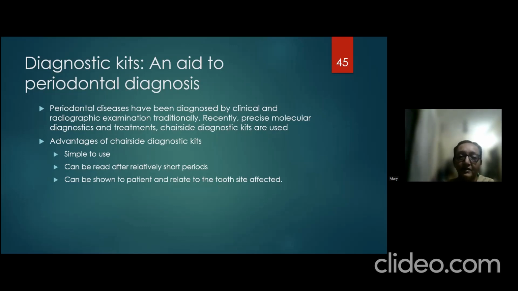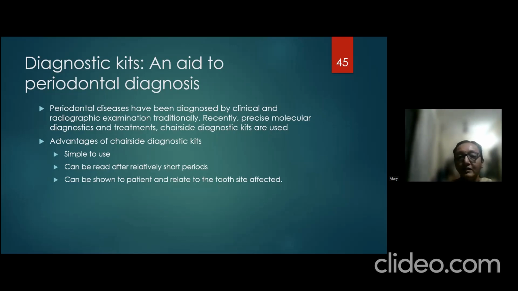The main advantages are that they are very simple to use, and the readings can be made in a relatively short period. Also, it can be used as a tool of patient education, because we see a change in color or some diagnostic feature which can be shown to the patient, and the patient can be educated about the state of periodontitis.